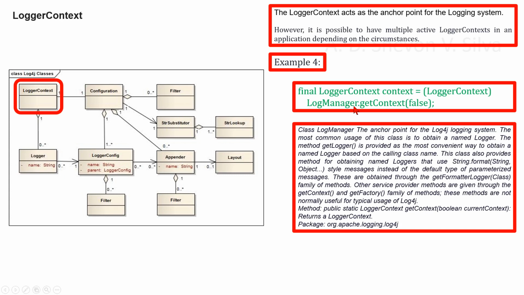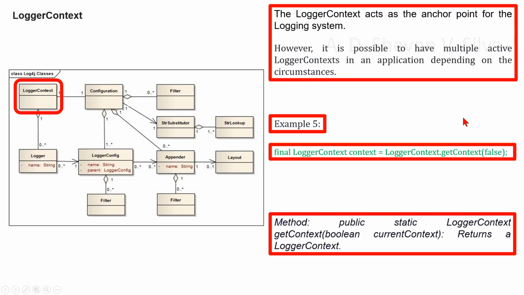org.apache.logging.log4j package. Here you can see in this example the method in LoggerContext: public static LoggerContext getContext(boolean currentContext). This returns a LoggerContext. Here, the currentContext, if false, the logging context appropriate for the caller of this method is returned.